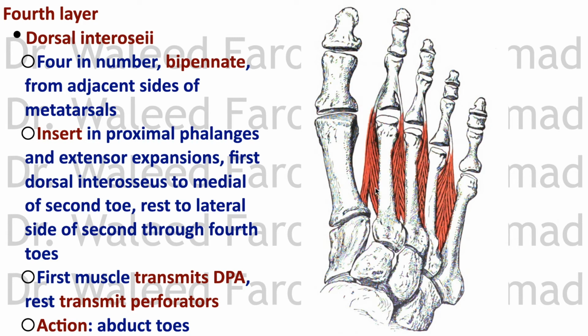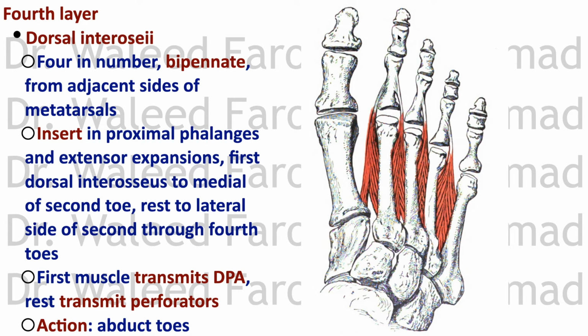So if we know that these interossei abduct the toes, we don't need to attach them to toes that already have abductors. Yes, exactly, like the big toe and the small toe, because they have abductor digiti minimi and abductor hallucis, so there are no interossei for these toes.